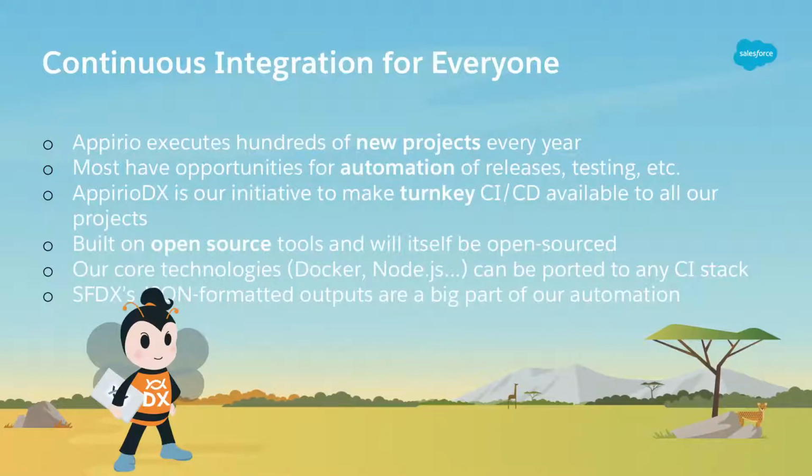So it is a wider initiative, not applicable just to Salesforce projects, but to others as well. But Salesforce DX is a big part of that because most of our projects are Salesforce projects. Now, it has been built on open source technologies. We have used things like Docker, Node.js, and our intent is to make the Appirio DX tool set also available as an open source tool so that a lot of the community people can also make use of that.